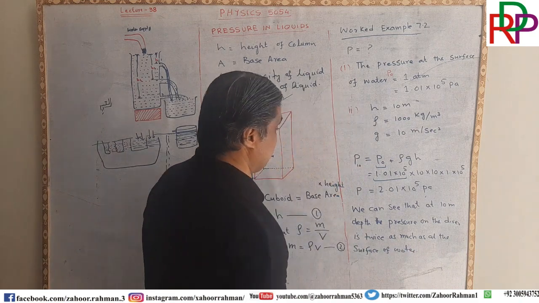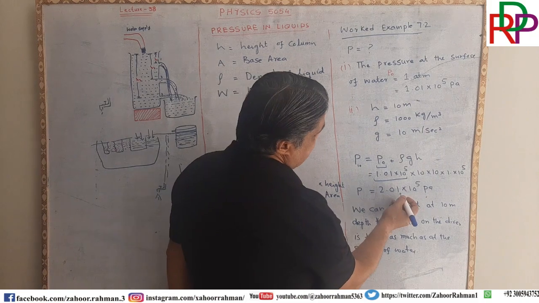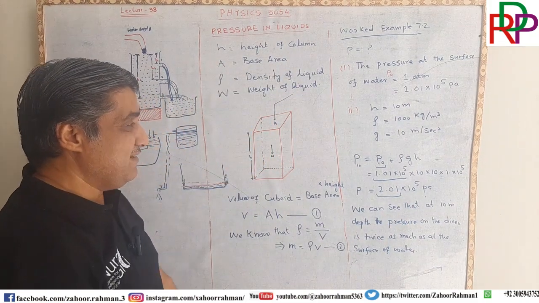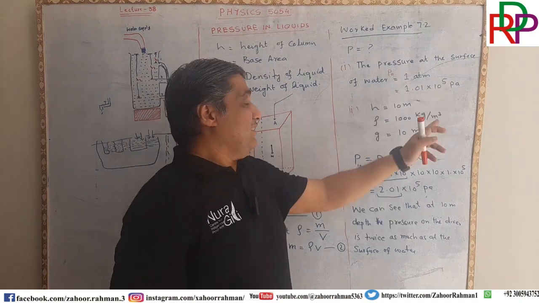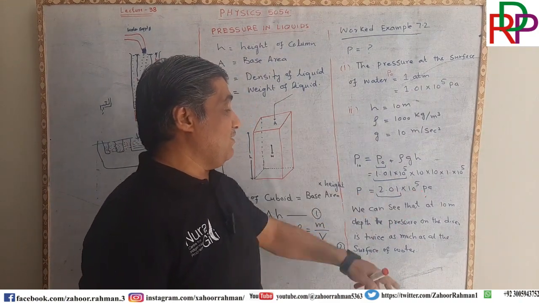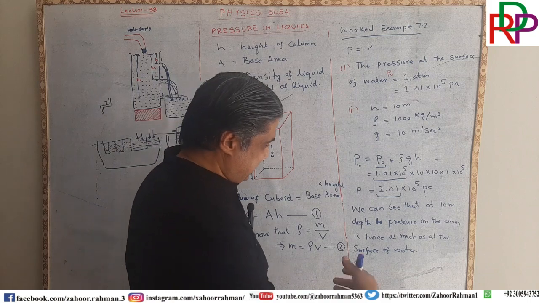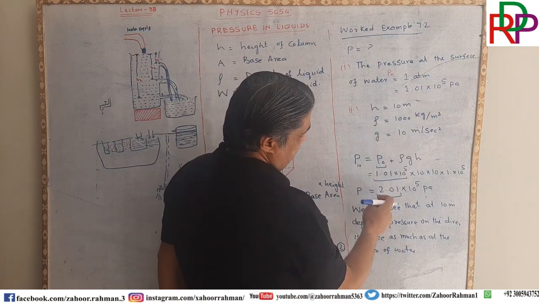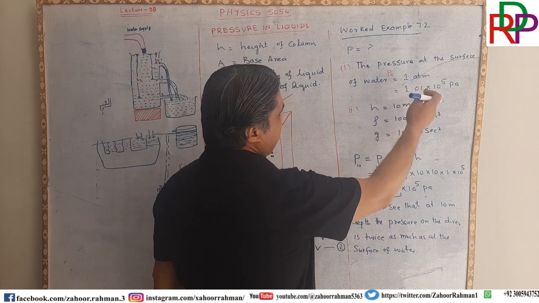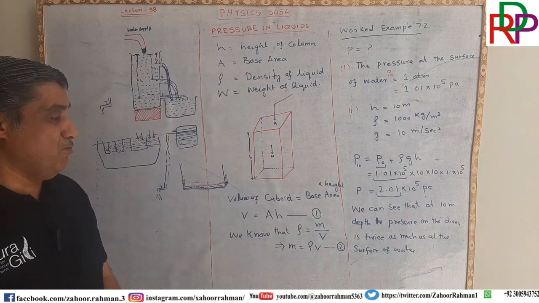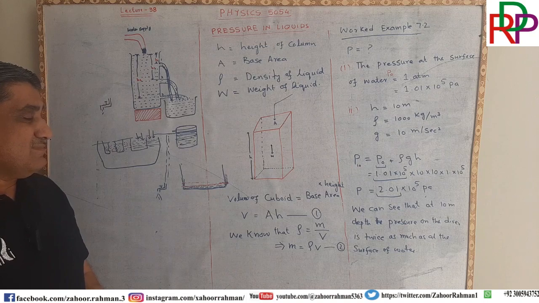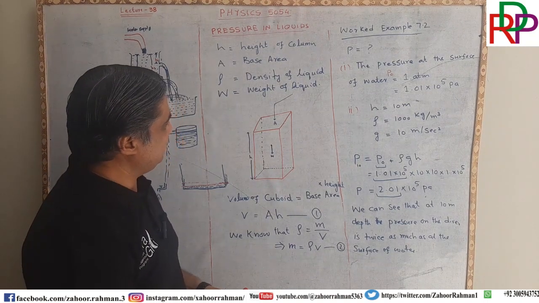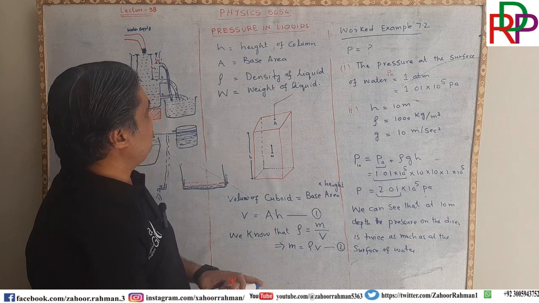You have to keep this in mind because at the surface it is 1.01 into 10 raised to the power 5, but at 10 meter it becomes twice. This is 2.01, this is 1.01, and this is 2.01.